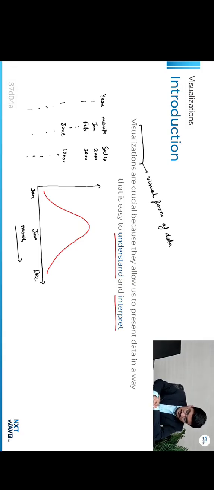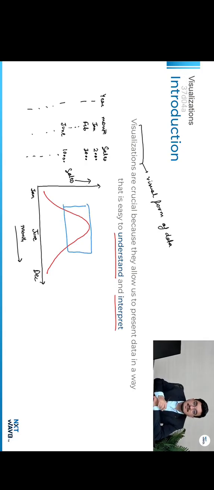Somewhere in the middle there will be June, and this represents the sales of the ice cream shop. Now if I just look at this graph, I'll easily understand that during the summer months, the sales of ice cream is comparatively high. If we compare with Jan and December or the remaining winter months, we can easily say that during summers, the sales of ice cream is higher.